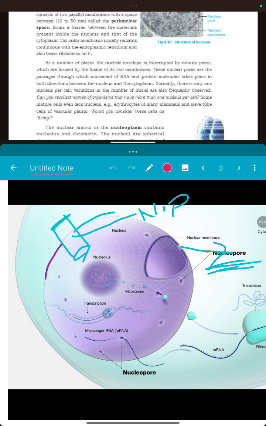These nuclear pores are the passages through which movement of RNA and proteins takes place in both directions between the nucleus and cytoplasm. Anything from the nucleus that should come outside will come through this nuclear pore, and anything that should go from the cytoplasm to inside the nucleus will go through the same pore.